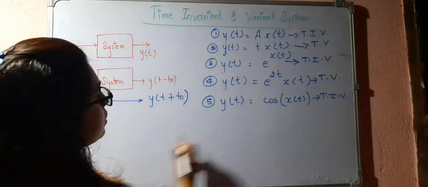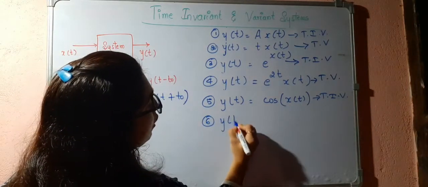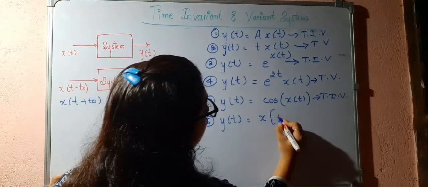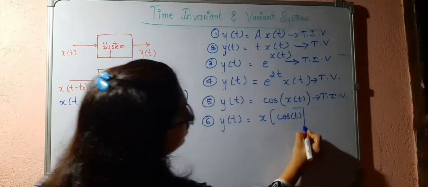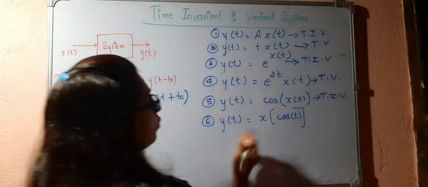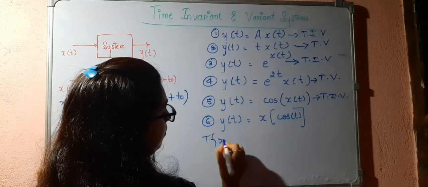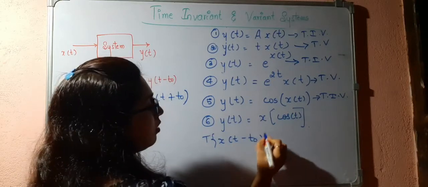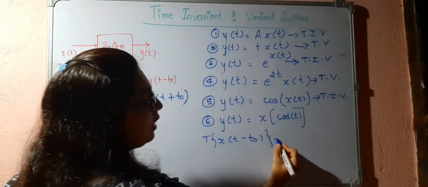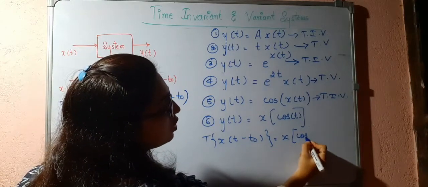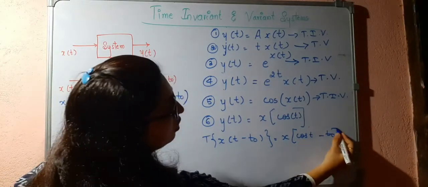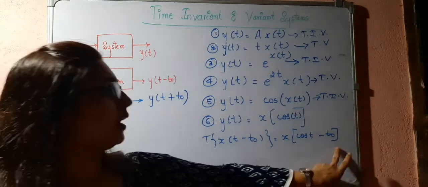Okay, the sixth one, y of t is equal to x of cos t. So here what happens? I will be passing the signal through the delay first. It becomes x of cos of t minus t naught.